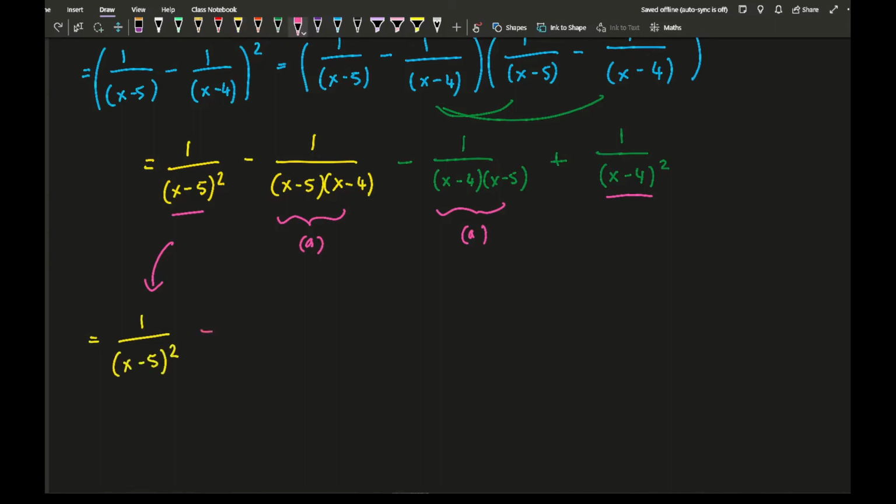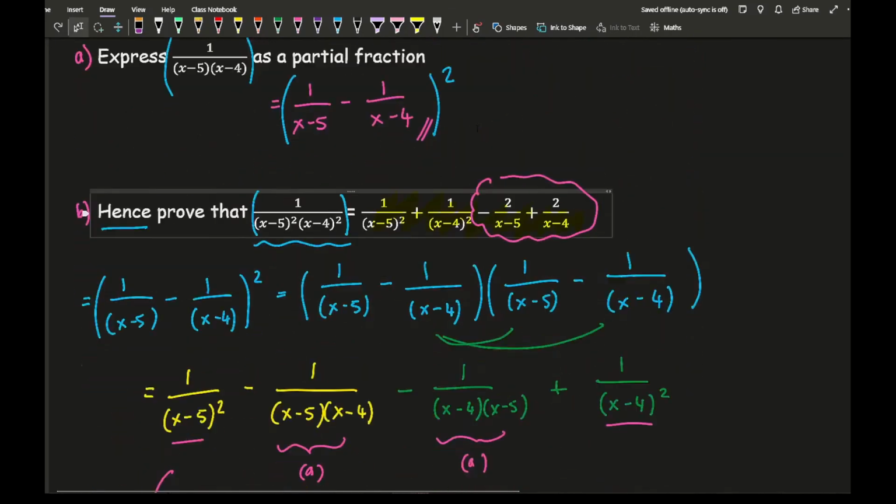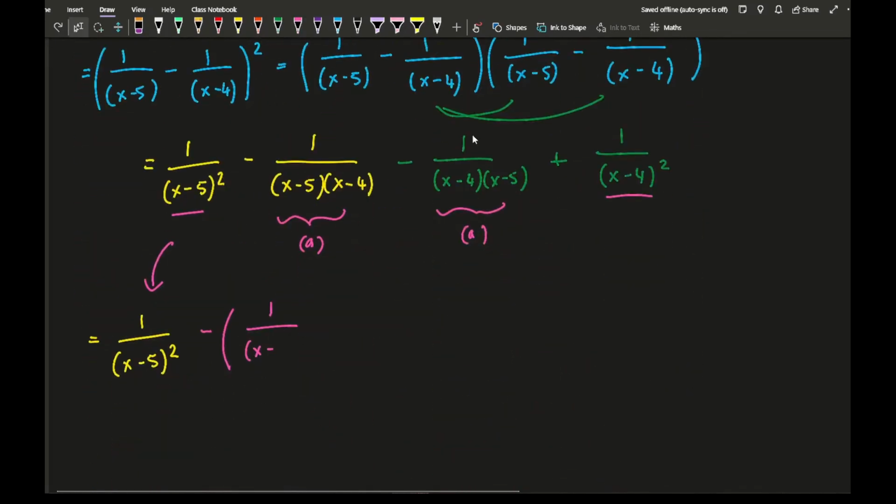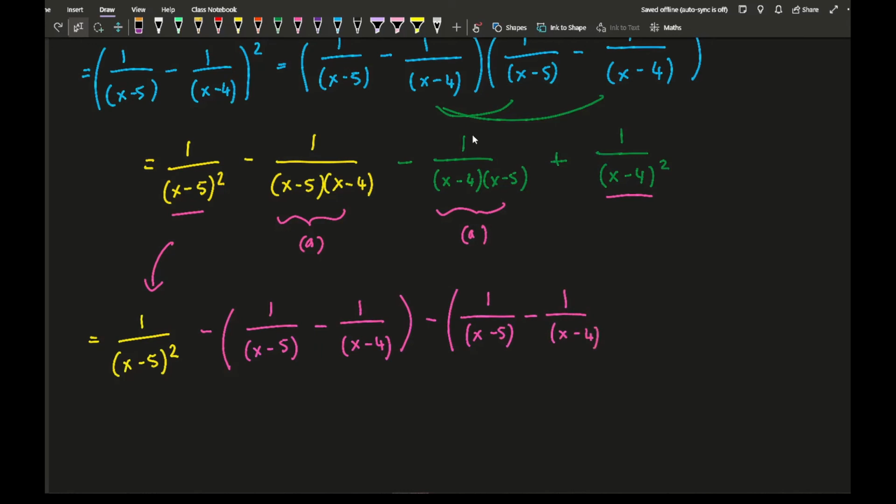Then I've got minus bracket, 1 over x minus 5 minus 1 over x minus 4, minus, again, 1 over x minus 5 minus 1 over x minus 4, because this is part A again. And then I've got this, which was from the original, which is plus 1 over x minus 4 squared.